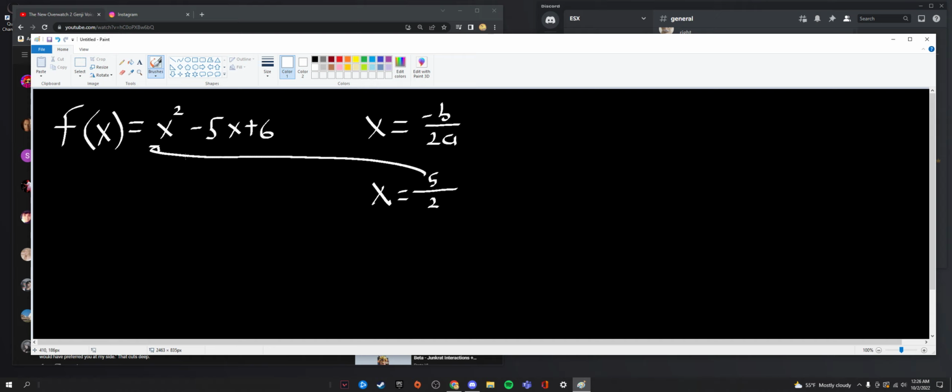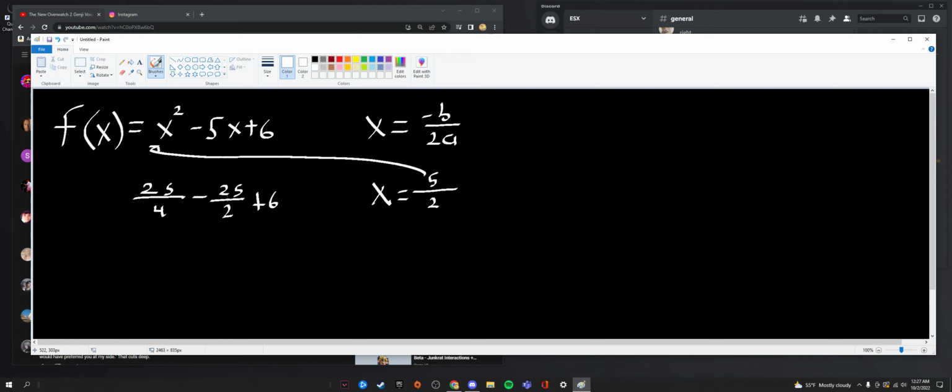So 5 over 2 squared is just 25 over 4, minus 25 over 2. All I did was plug in the x value here, minus 25 over 2, and then plus 6.